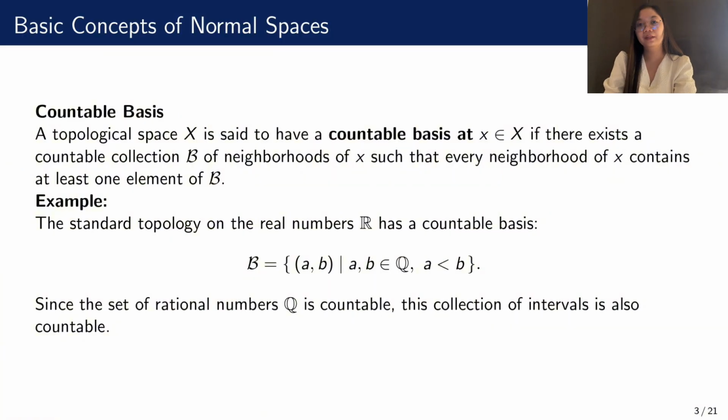So in short, a countable basis can describe all open sets using only countably many basic open sets. So for real numbers, the collection of intervals with rational endpoints is enough. So the real numbers have a countable basis.